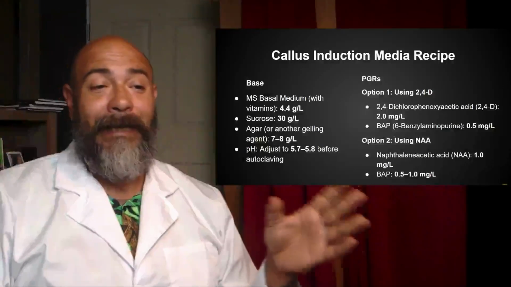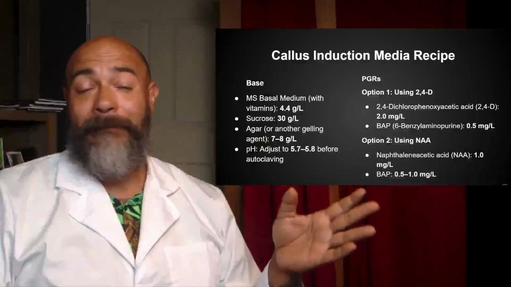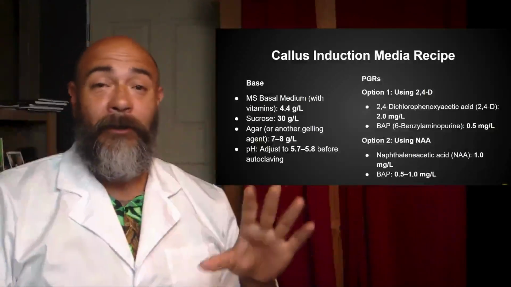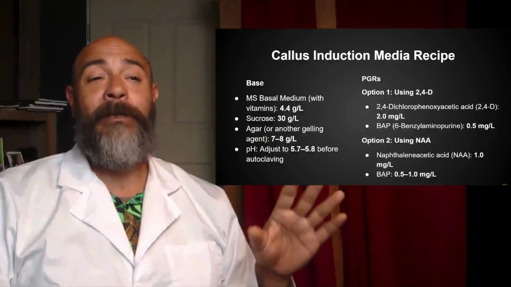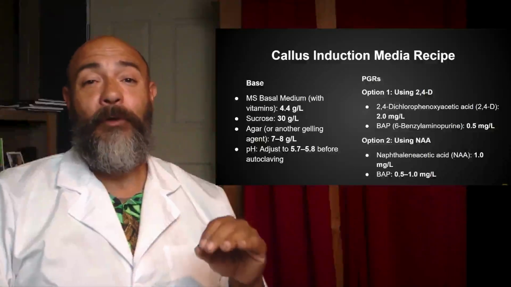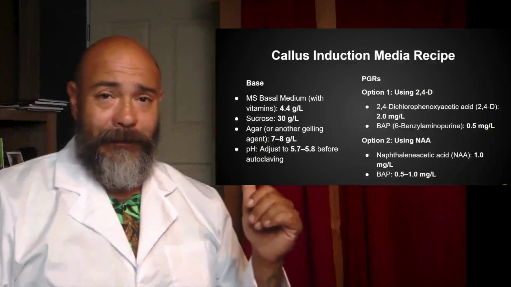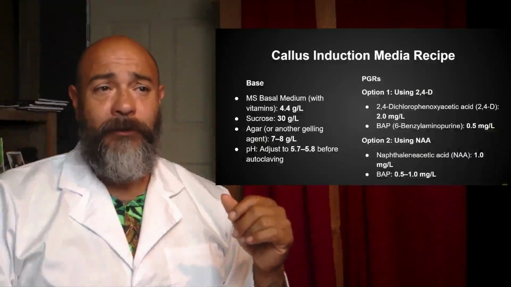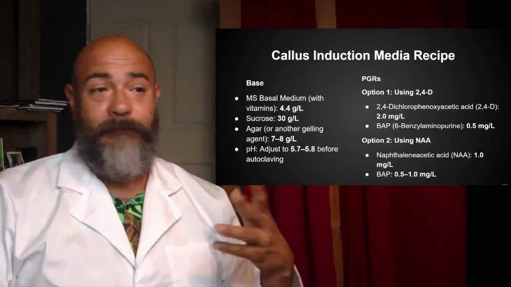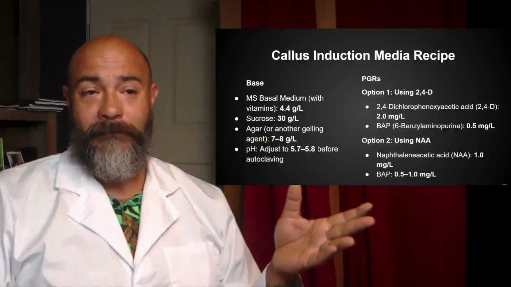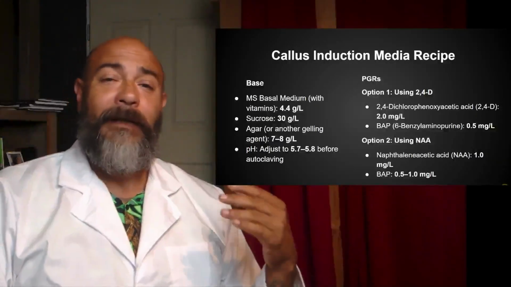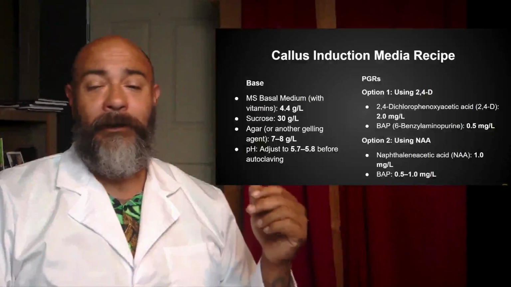I generally have NAA and BAP on hand all the time. I may not always have the 2,4-D on hand. However, the 2,4-D does work significantly better than the NAA. So 2,4-D at 2 milligrams per liter is all you're really looking for. And now look at the ratio on option number 1.